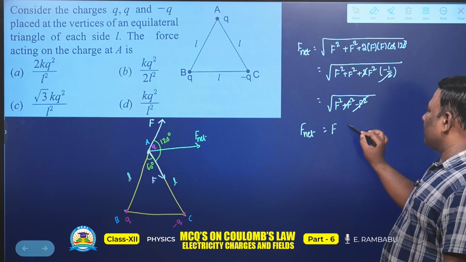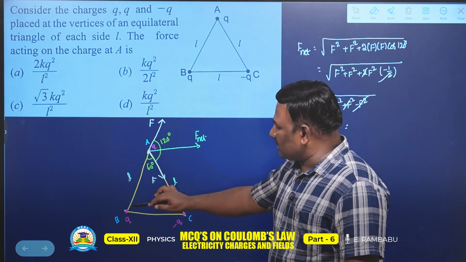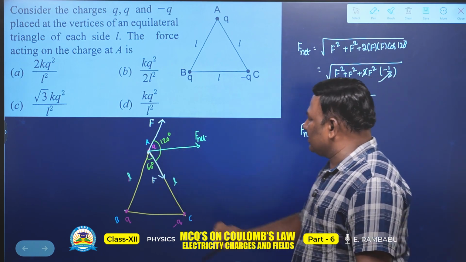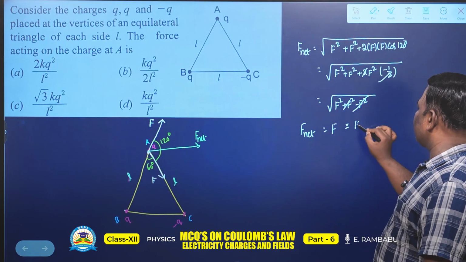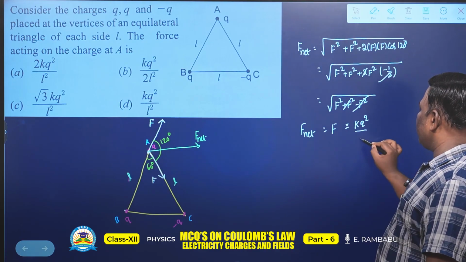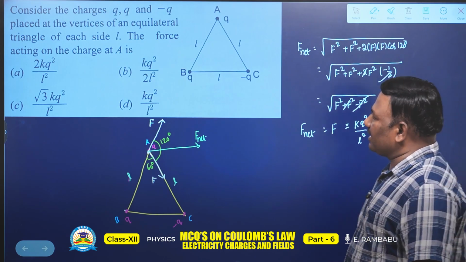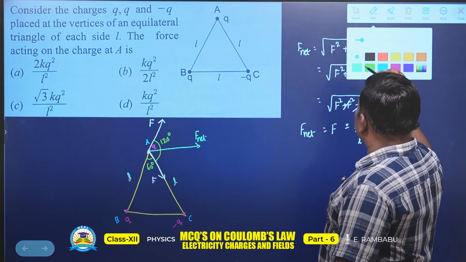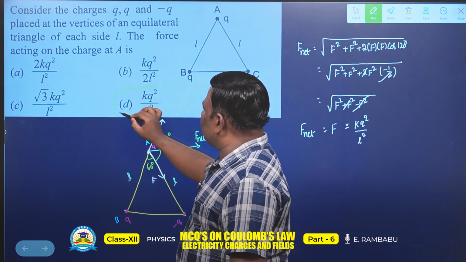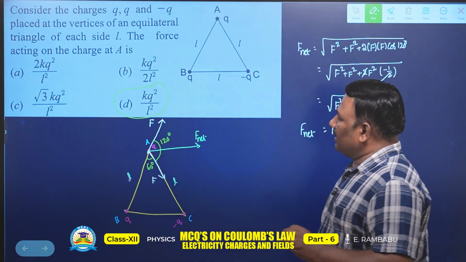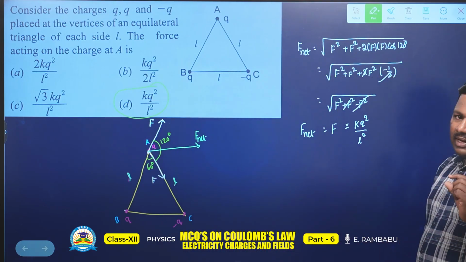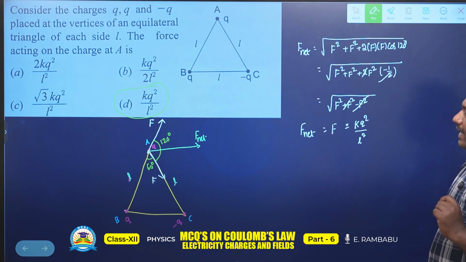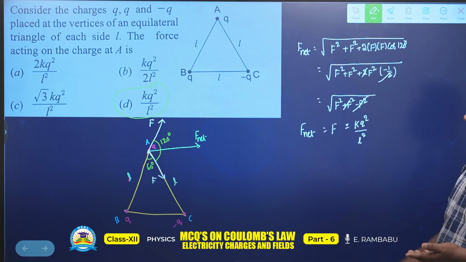Okay, now what about that force? That force is between these two charges or either of these two charges. Then the force can be taken as K into Q square by L square. So the final answer can be taken as option D. Remember this: whenever the angle between two equal forces is 120 degrees, the net force is also equal to the magnitude of any one force.